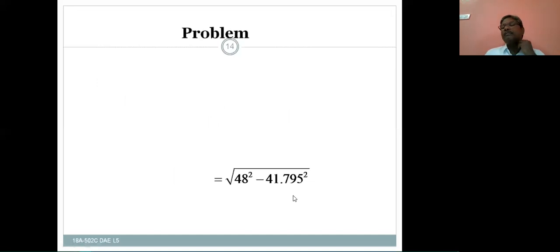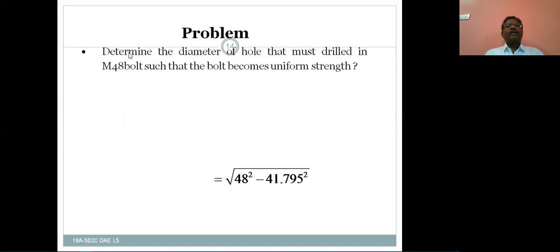So let us see one simple problem. Determine the diameter of hole that must be drilled in an M48 bolt, such that the bolt becomes of uniform strength. So here the given diameter is M48.